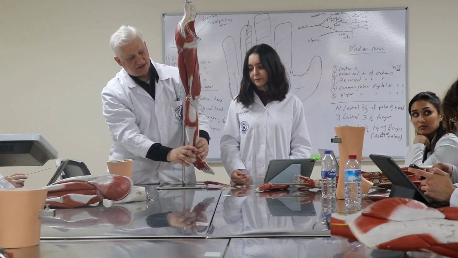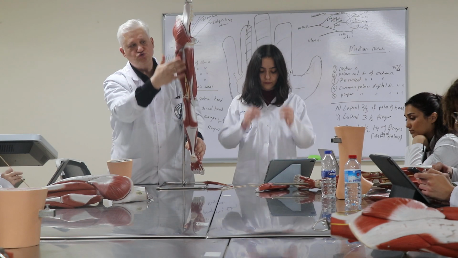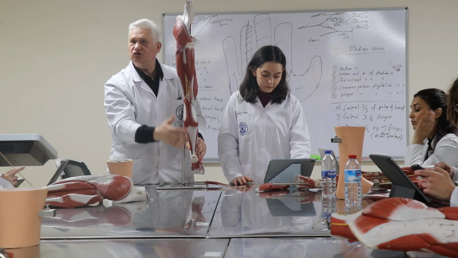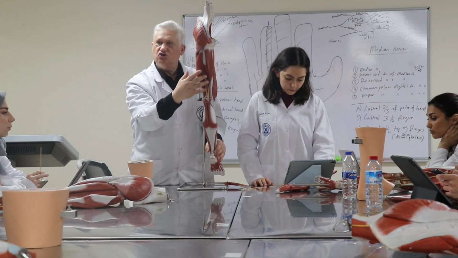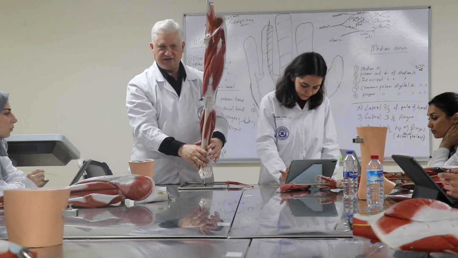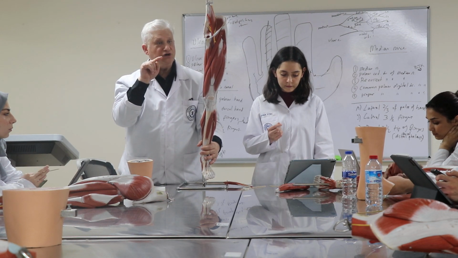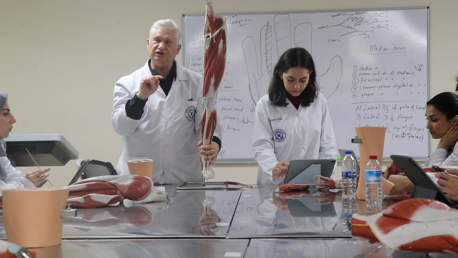At the back, we have S1 and S2. So if, for instance, there's a disc herniation between L4 and L5, which root is compressed?